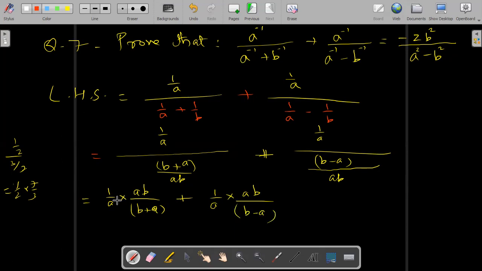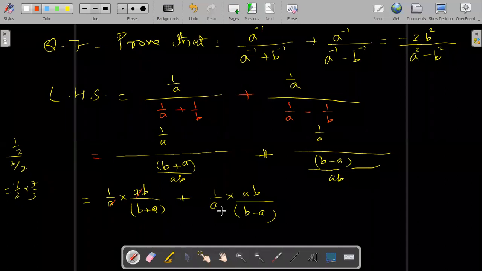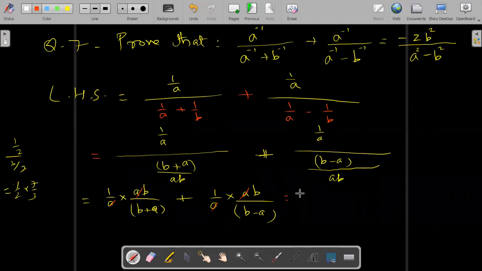This a will cancel with this a, and both b can be taken out common. You can take b common from the numerator, and you have 1 upon b plus a plus 1 upon b minus a.